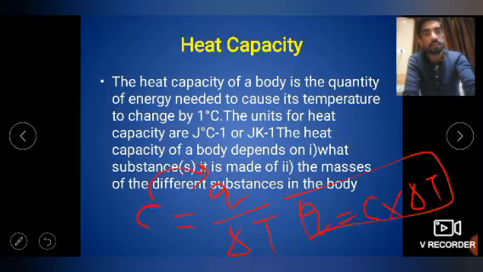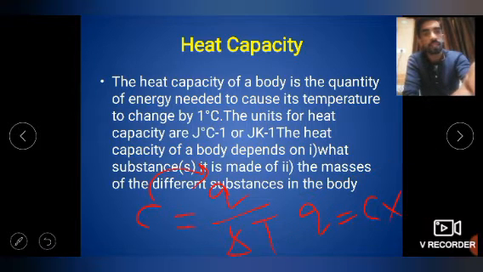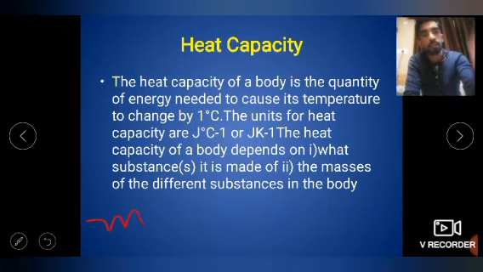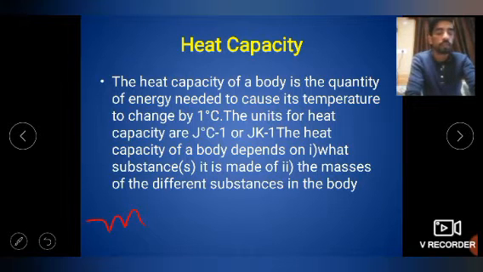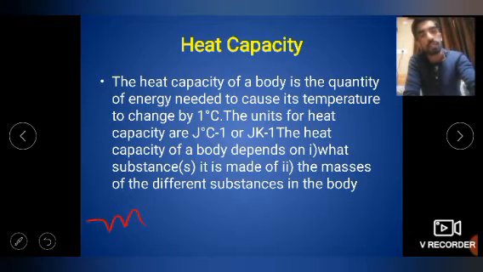Now I will introduce molar heat capacity. Molar heat capacity of a substance is defined as the amount of heat required to raise the temperature of 1 mole of the substance through 1 degree Celsius.